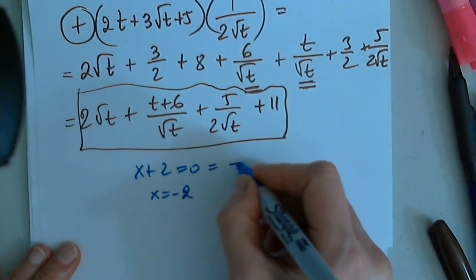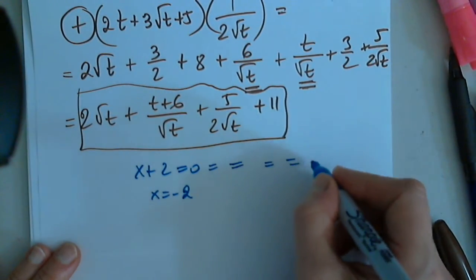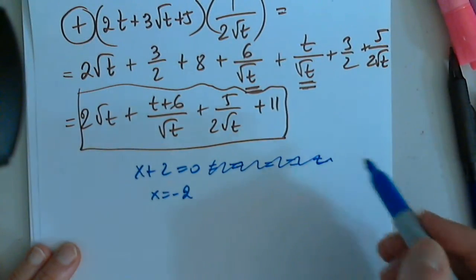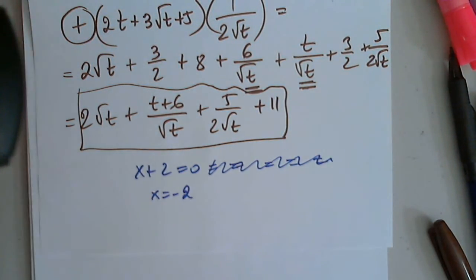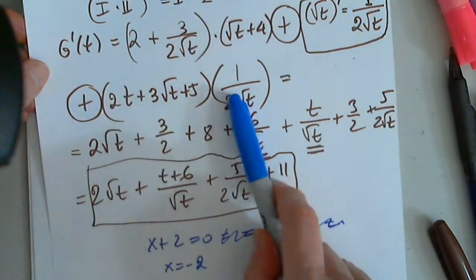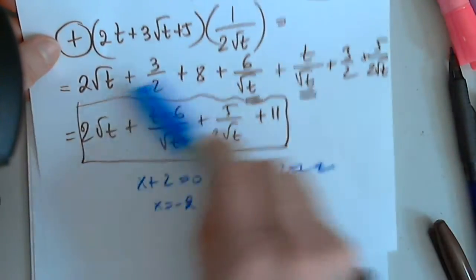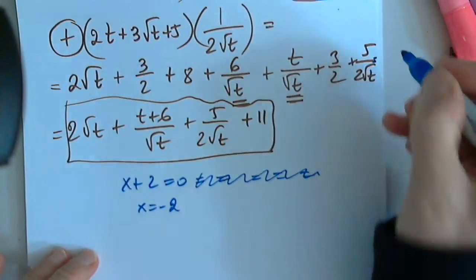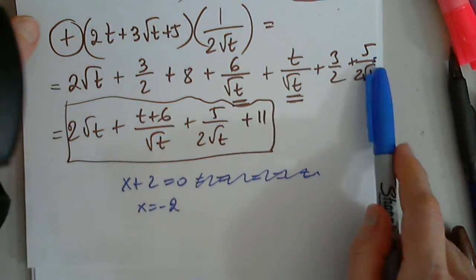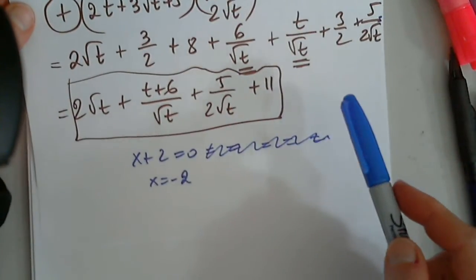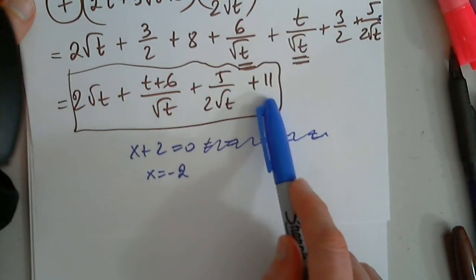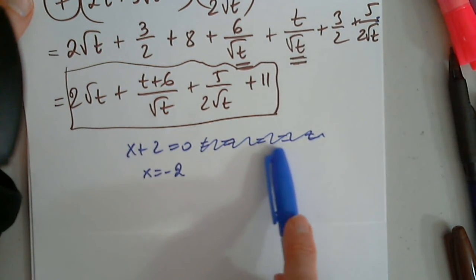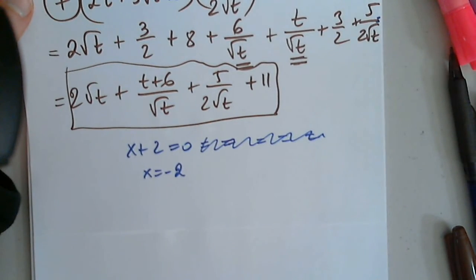I cannot write it here. That's not allowed in an equation. But if it's an expression, yes. G prime of t equals this. This equals this. I didn't have enough room here, and I should have put another equal symbol, so you know it doesn't end, it continues. And that equals this, and that's it. But in the equation, I cannot have more than one equal symbol.